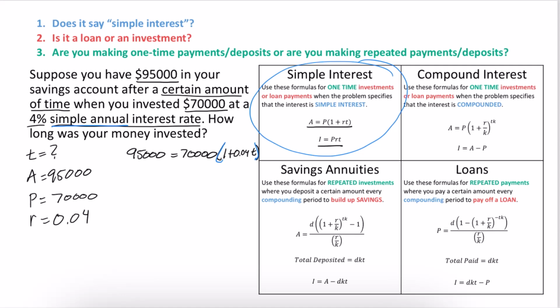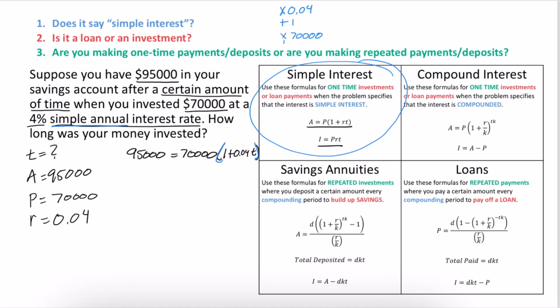So what I'm going to do instead is use the order of operations to help me solve the equation. So if I knew what t was, I would multiply by 0.04. Then I would take that result and add 1 to it. And then I would take that result and multiply by 70,000.